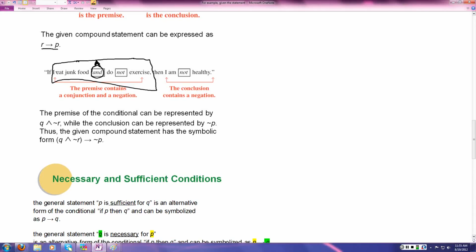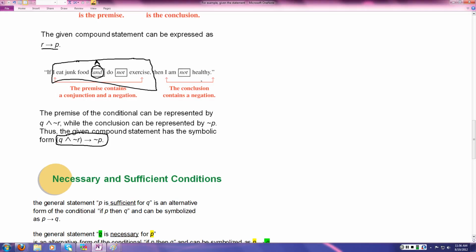I eat junk food, they're calling that Q, and I do not exercise, so if R is exercise, that would be tilde R, while the conclusion can be represented by tilde P. Then I'm not healthy, so not P. Thus, the given compound statement has the symbolic form Q and not R implies not P.